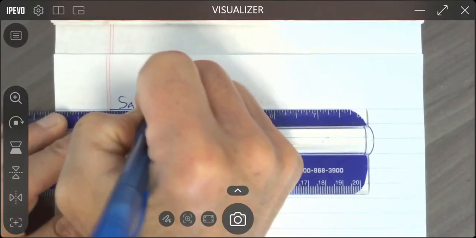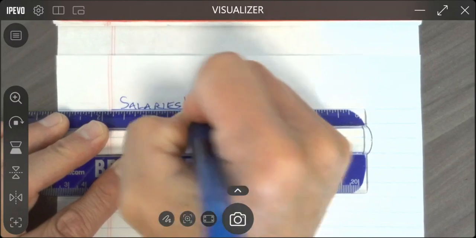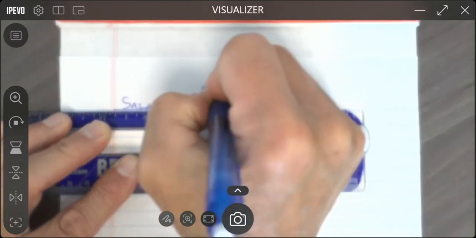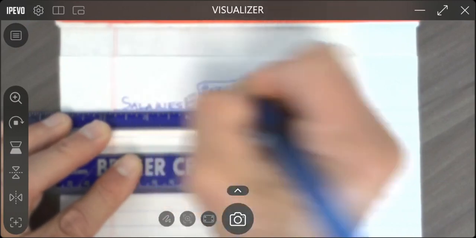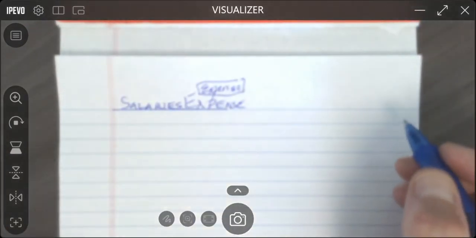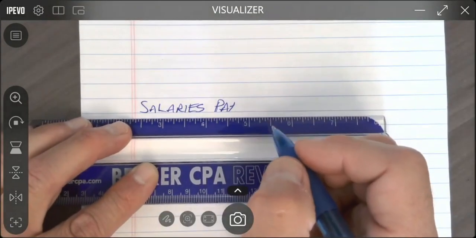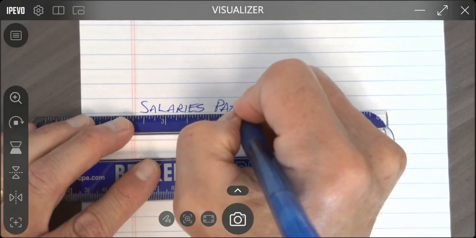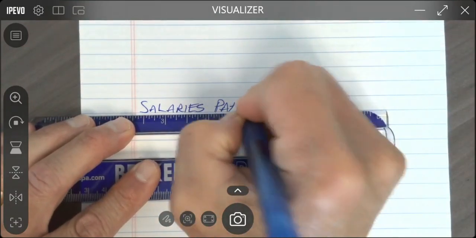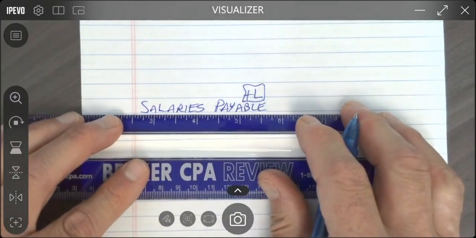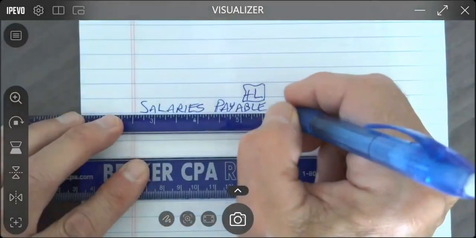Salaries expense, which is an expense account, as the name suggests, and salaries payable. So these are just 2 accounts that are among our many in the general ledger. That's a plus liability.